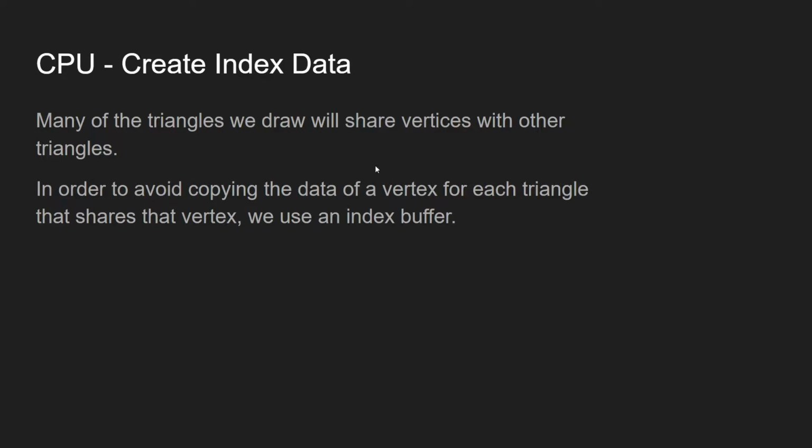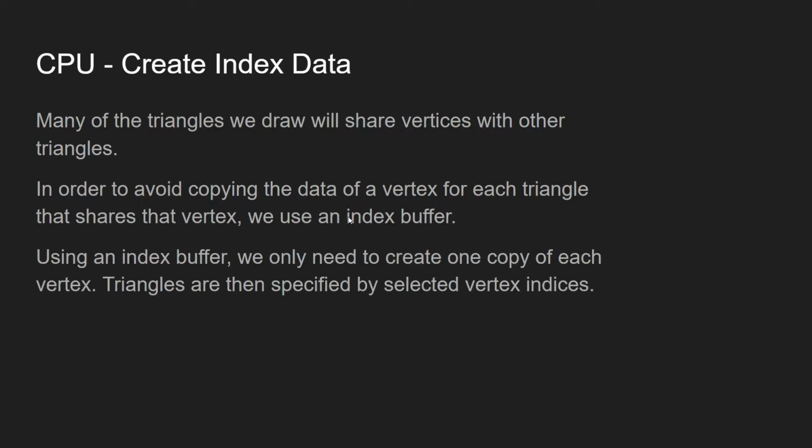And we want to avoid copying vertex data as much as possible, because there's no reason to do that. It's just inefficient. So we use something called an index buffer. Using an index buffer, you only need to create 1 copy of each vertex in your vertex data, and then you can reference that in your index data to say, use this vertex, and this other vertex to draw me a triangle.